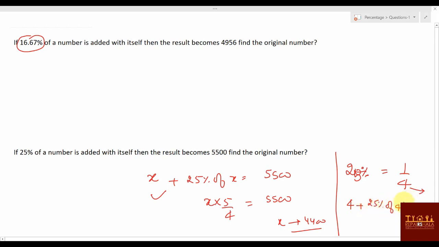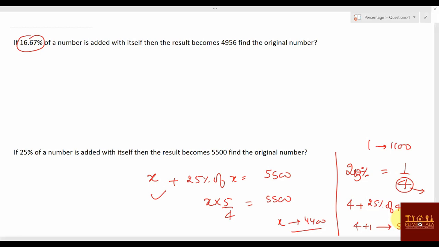Now number plus 25% of that number is giving how much? 5500. Or you can say, 4 plus 1 is corresponding to 5500, or 5 is corresponding to 5500. So 1 will correspond to 1100. What is actually your original number? 4. So the answer will be 4400.